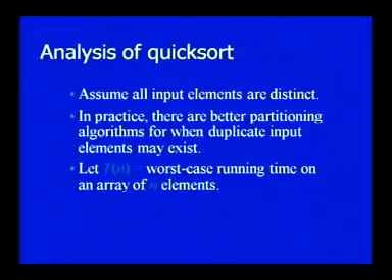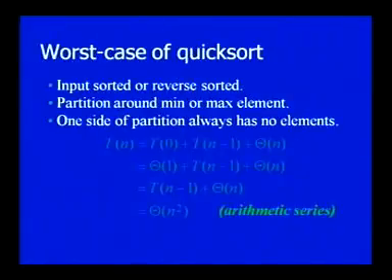So, let us see about the analysis part. Assume that all the input elements are distinct. So, you can see the worst case of quicksort will become like this. Worst case means assume that your input is reverse sorted or sorted.